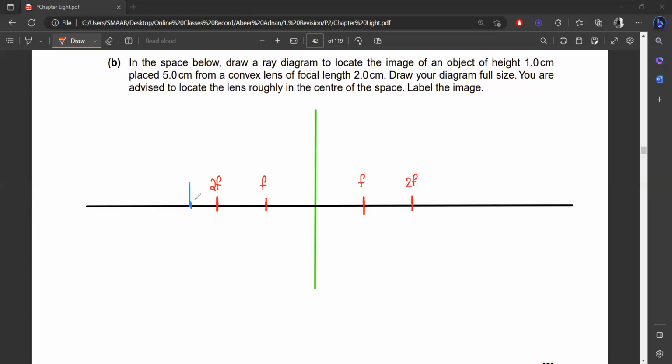So that is exactly 1 centimeter. So we are having the object over here of 1 centimeter height and 5 centimeter from the convex lens. And now we have to draw the image.